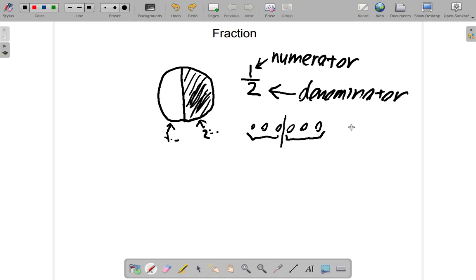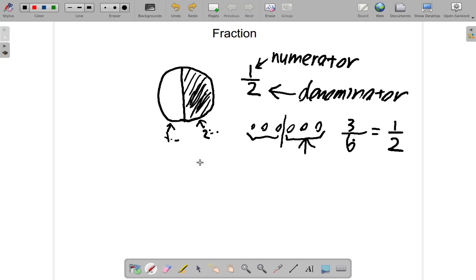So if I'm the one who gets these 3, I got 3 out of 6 of them. But remember, the fraction here is really half of the total. So I can divide down and say this is equivalent to 1 out of 2, 1/2.